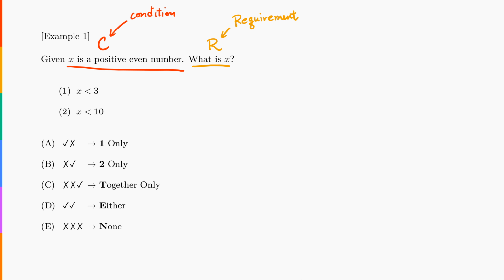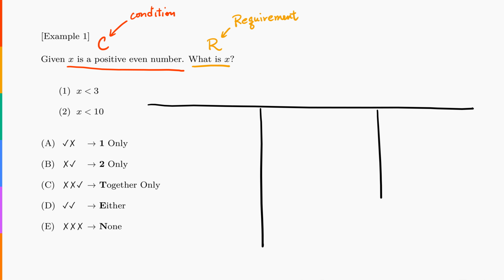When we read the question stem, there are 2 parts we need to recognize. One is called the condition and the other one is called the requirement. Now this is important. One DS question is actually 3 questions combined together. The first one is: under the assumption of the condition and statement 1, is it possible to meet the requirement?